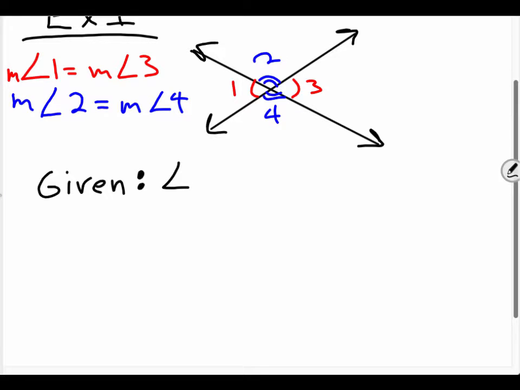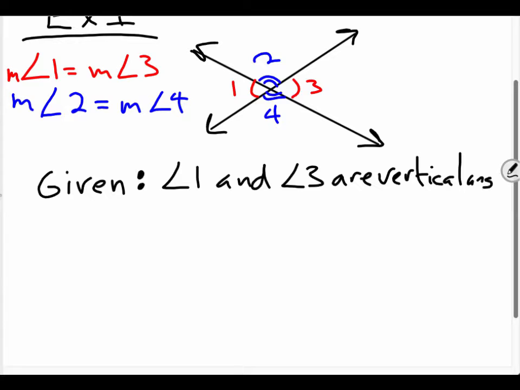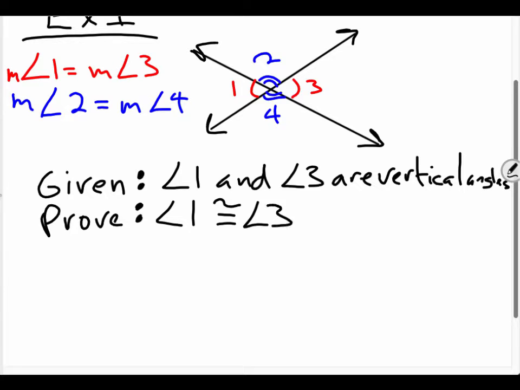Yeah, so given angle 1 and angle 3 are vertical angles. And what they want us to do is prove angle 1 is in fact congruent to angle 3. So I just said that they were, but we didn't prove it yet. So let me prove it to you.